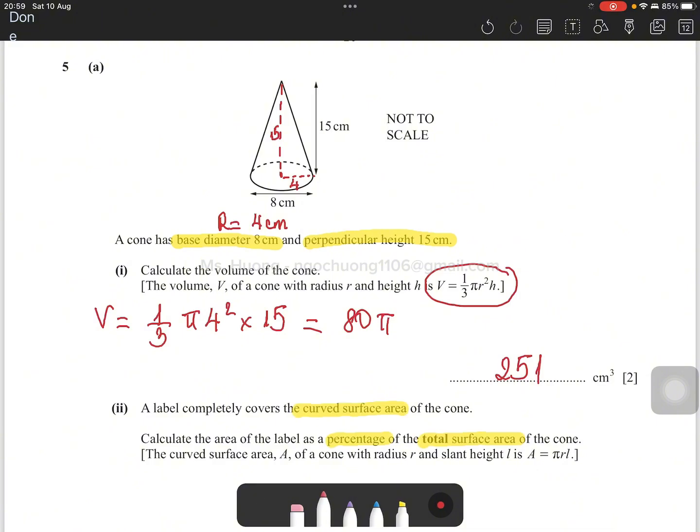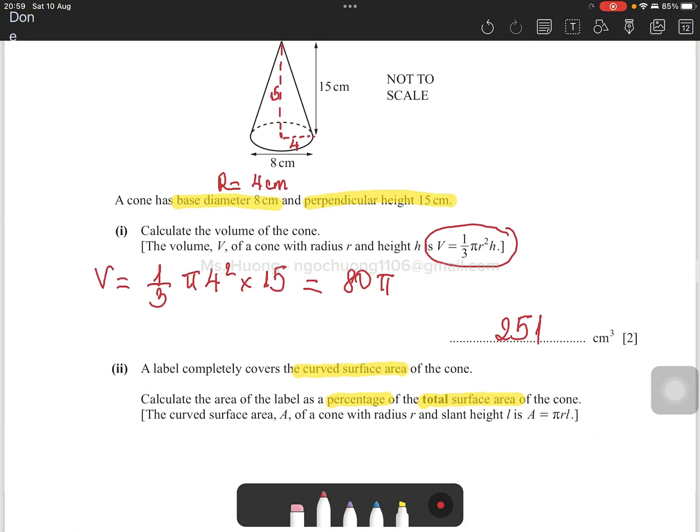So first, we will find the curved surface area. And you know the curved surface area is equal to pi r L. Notice that r is 4 centimeters and L is what we need to find. I'll use the blue color for the L. L is actually the slant height. The slant height is this one.